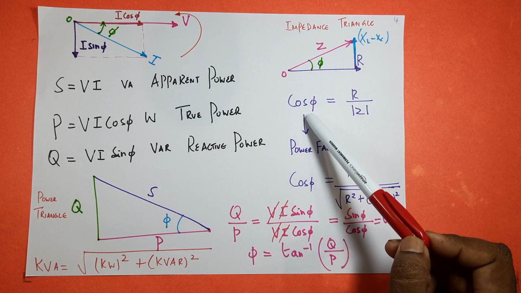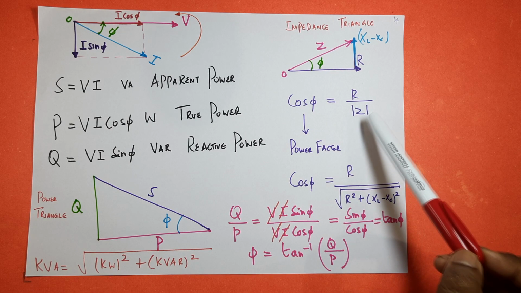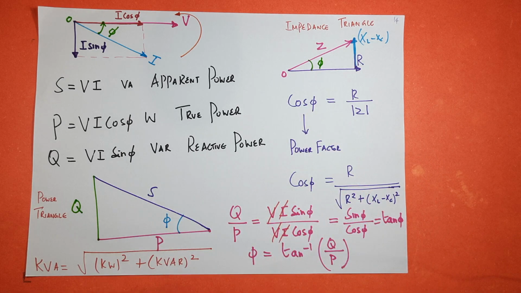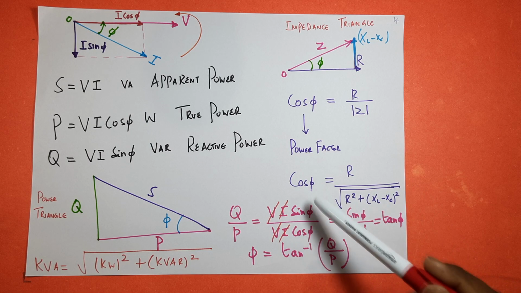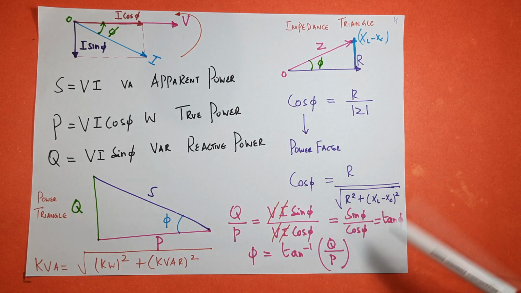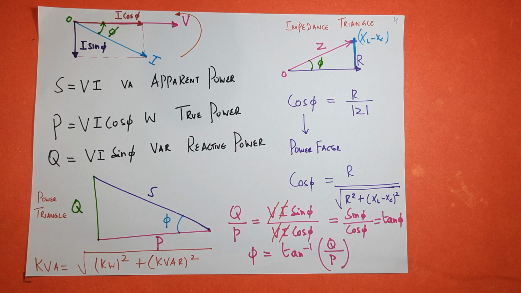So cos phi equal to R divided by Z, that is, Z magnitude. This cos phi is called power factor. So cos phi equal to R divided by Z magnitude. This we have already seen: root of R square plus XL minus XC the whole square.